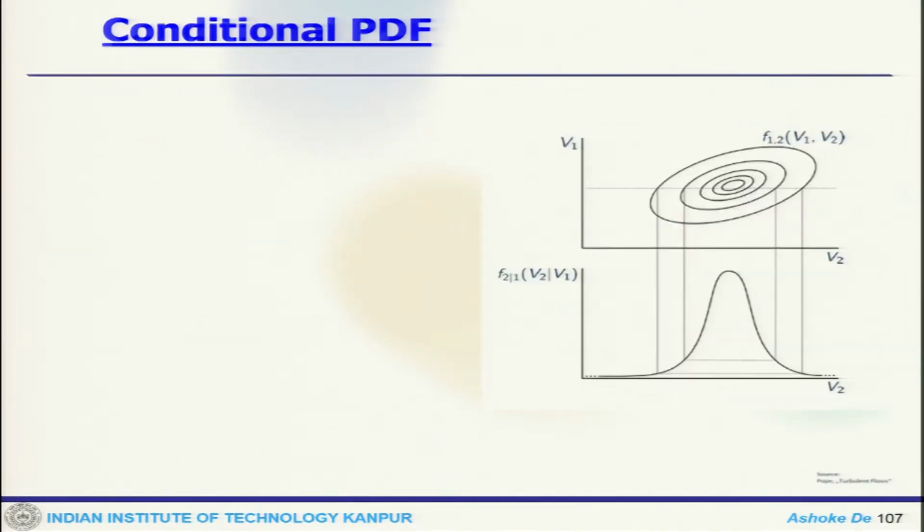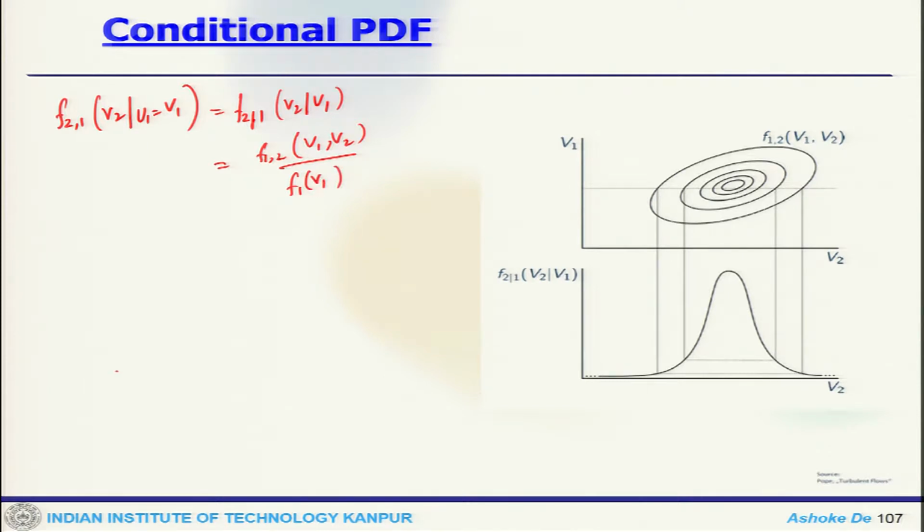Now, look at the PDF of u2 conditioned on u1 equals v1. That means f21, where v2 is conditioned on u1 equals v1. This would be f21(v2|v1), which is f12(v1, v2) divided by f1(v1).